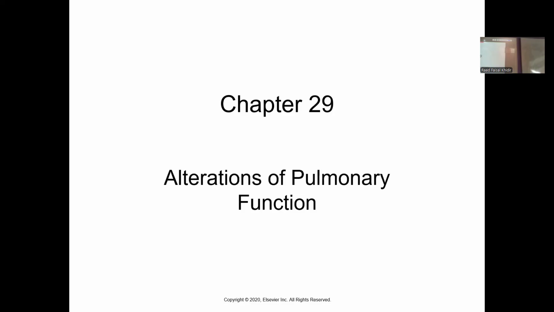So that's just structural. This is a structural or anatomical classification.